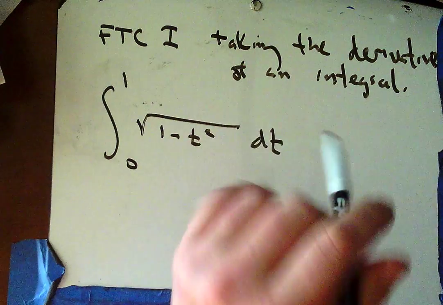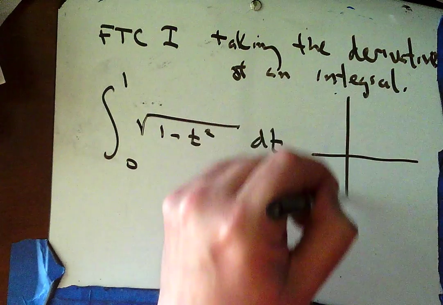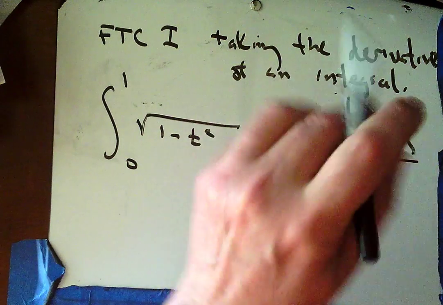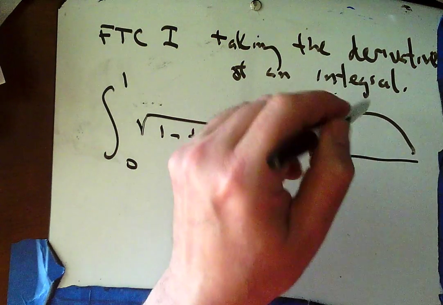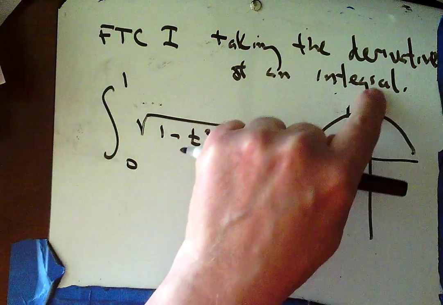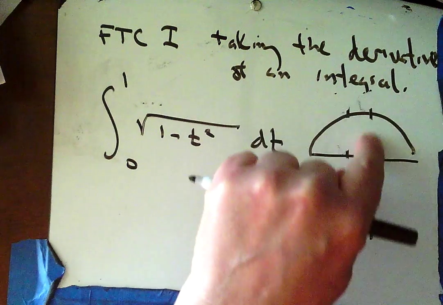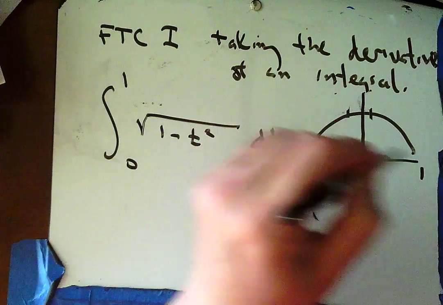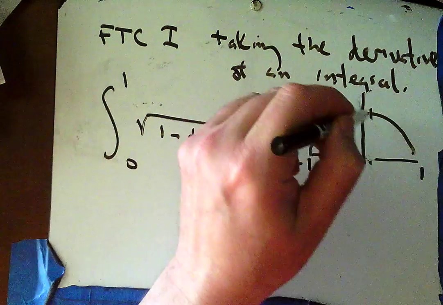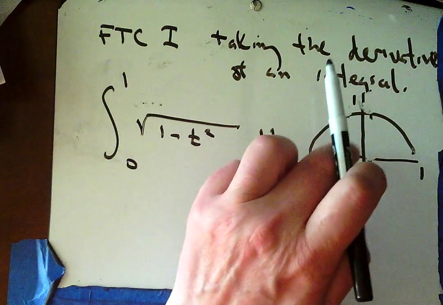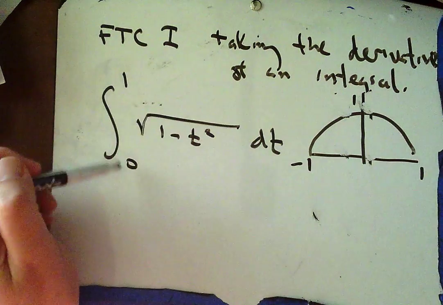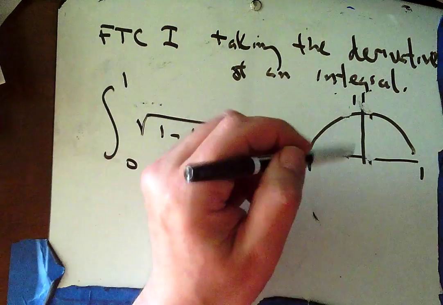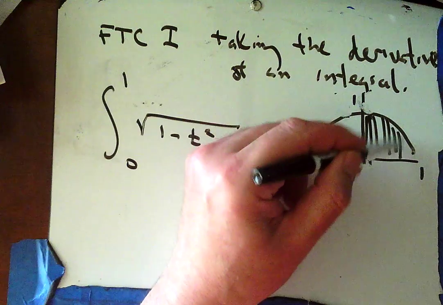I kind of want to draw a picture of what's going on here. There. Okay, 1, negative 1, 1 up here. And we're looking for the area between the curve and the x-axis from 0 to 1.